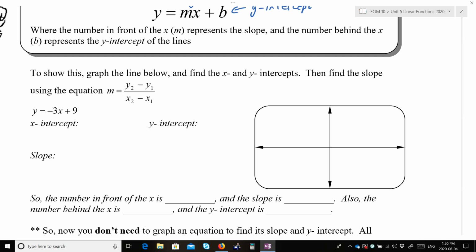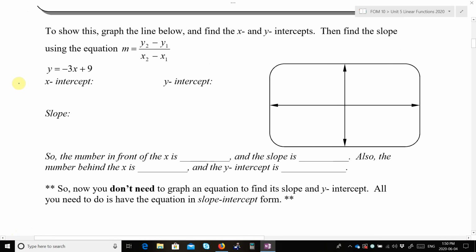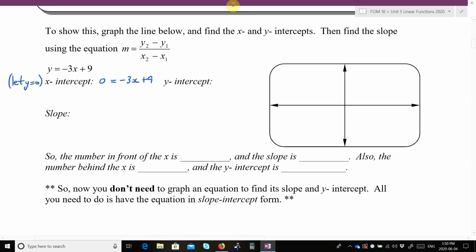Then find the slope using the equation shown there. We've got y equals mx plus b, y equals negative 3x plus 9. To get the x-intercept, you let y equal 0, and then you solve. If I put 0 in for y, I would have 0 equals negative 3x plus 9.